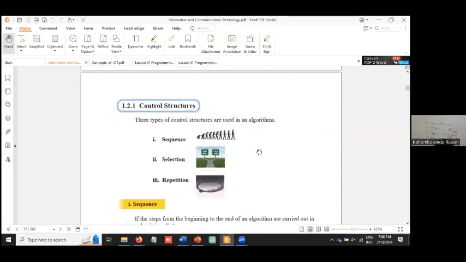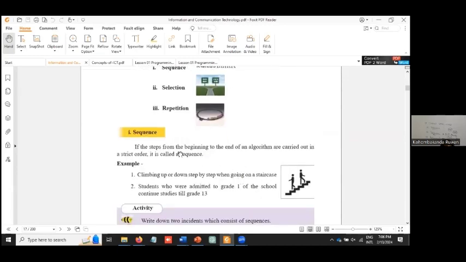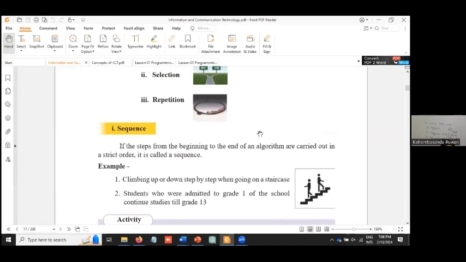Here, control structures. Three types of control structures are used in an algorithm. First one is sequence, selection, repetition. Sequence: if the steps from the beginning to the end of an algorithm are carried out in a strict order, it is called a sequence.